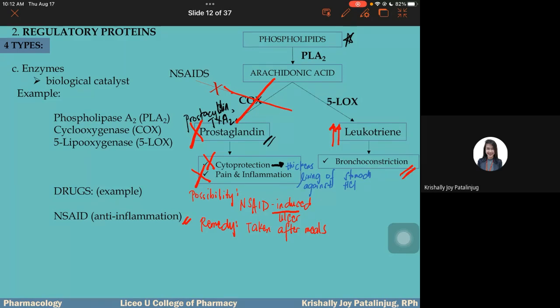So it could worsen the asthma condition of the patient.